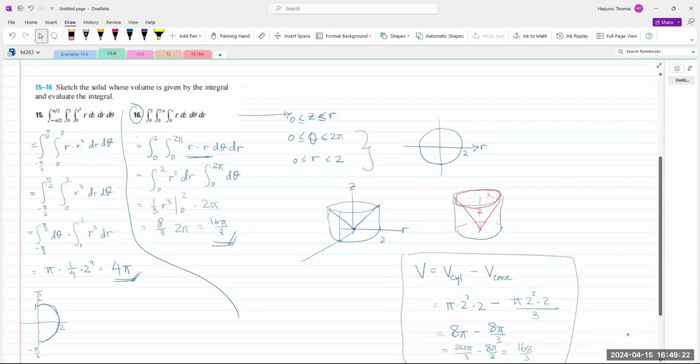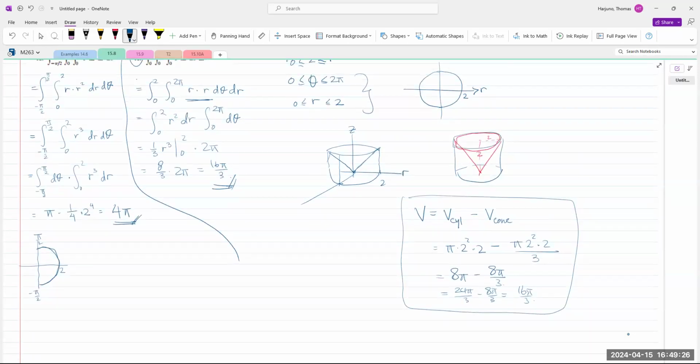Then z is from 0 to r squared, like that.